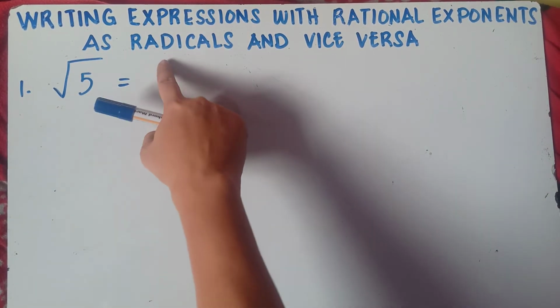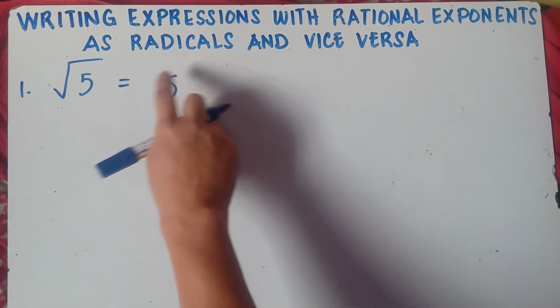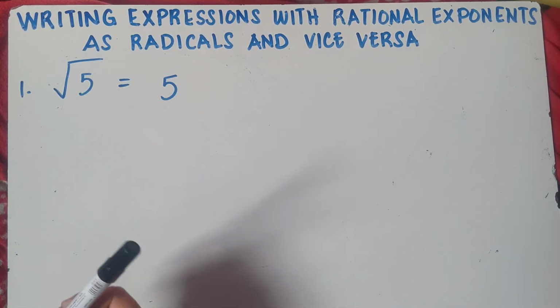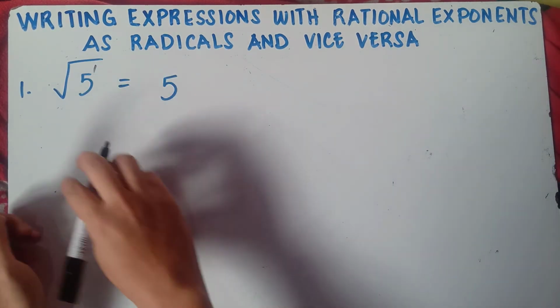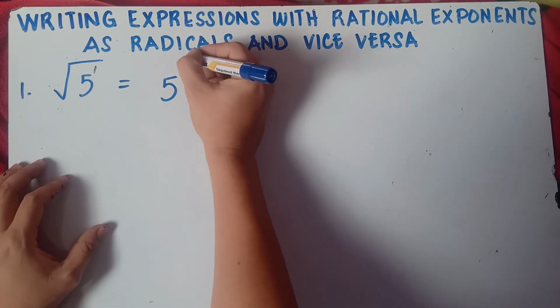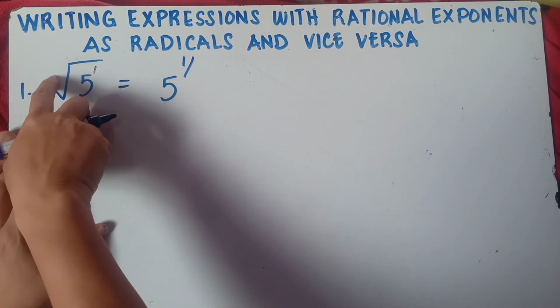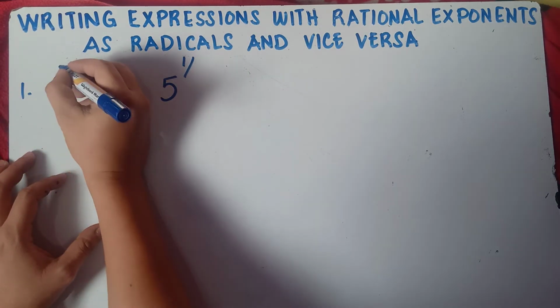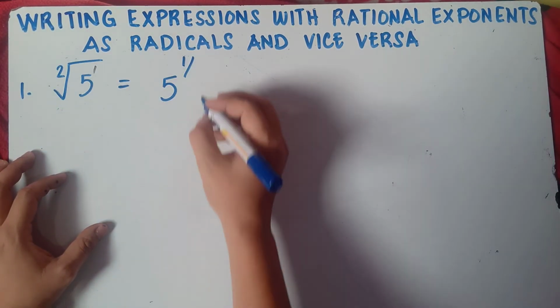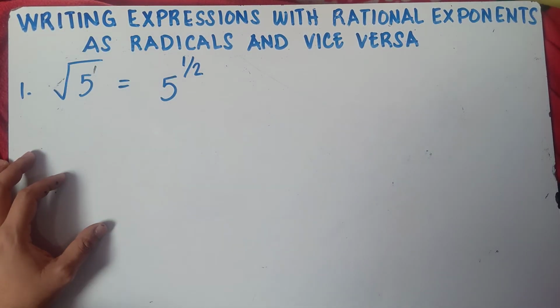Understand that 5 here has an exponent of 1, so 1 will be the numerator of our rational exponent. And in every square root there is an index of 2, so that would be 1 over 2. That's it, class. 5 raised to the power of 1/2.